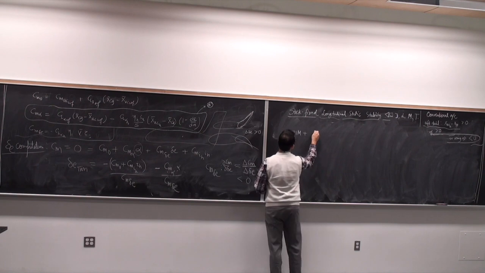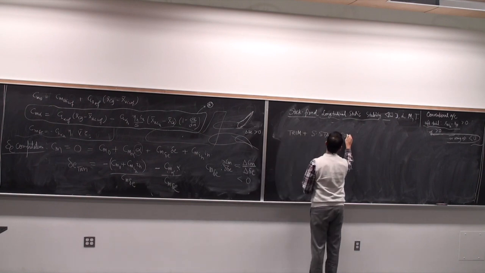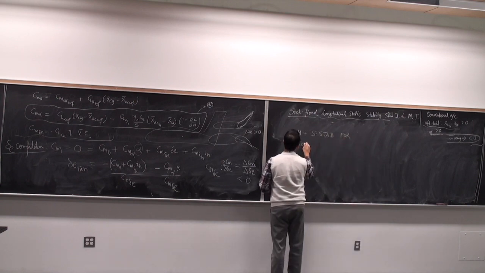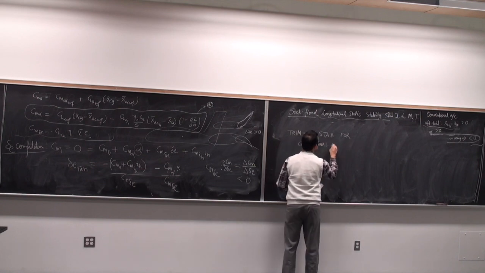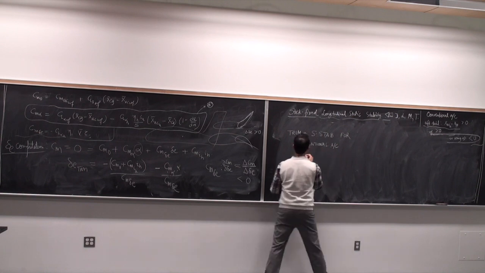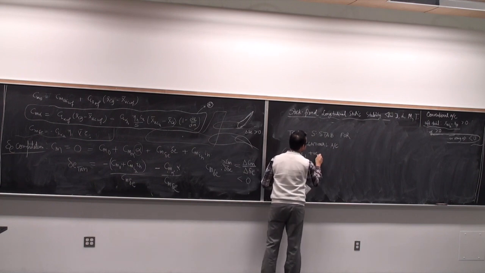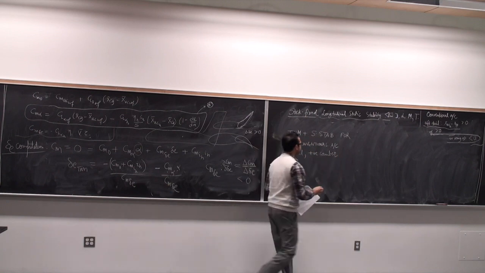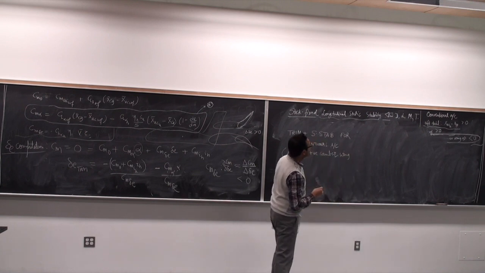Trim plus static stability for conventional aircraft, and by this I mean aft tail, positive camber wing. What else do I have?